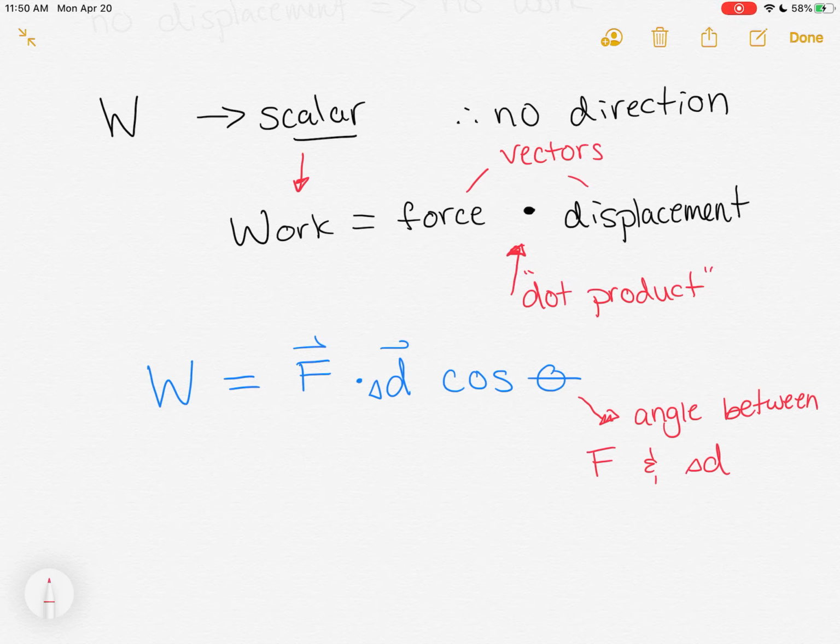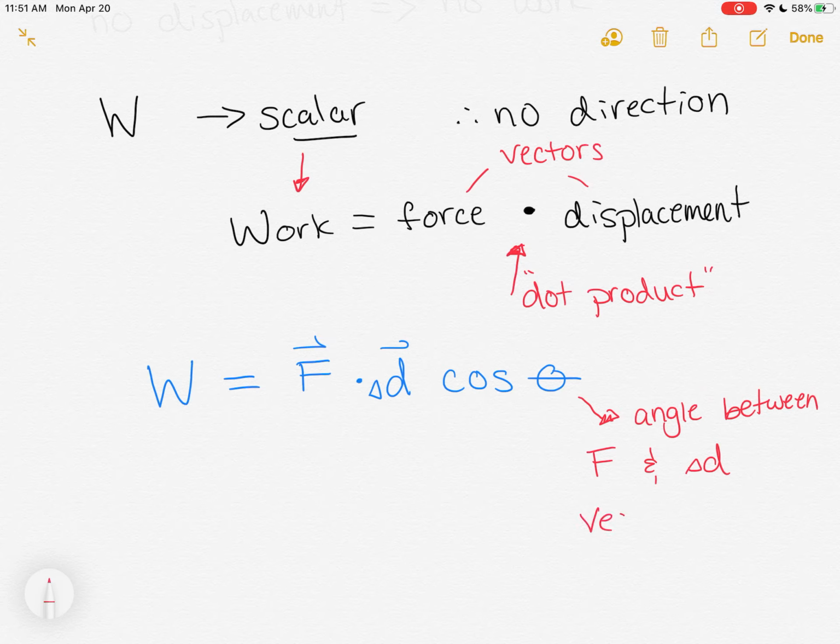Okay, so in order to calculate the work, we need to take the force that we have, multiply it by our displacement, and then multiply it by cos of the angle that's between the force and the displacement. What this means is that we need to have a really good picture of where our force is going in terms of direction and where our displacement is going in terms of direction.